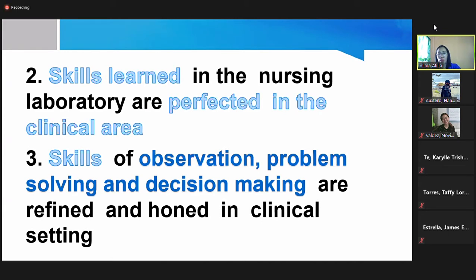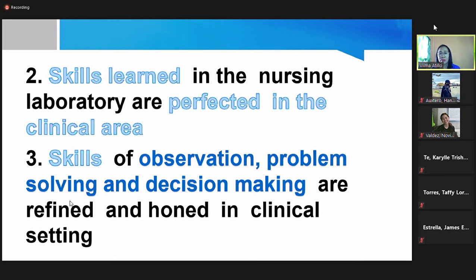Because you will be in the ward, you will encounter fluids that you will identify also if it is isotonic or hypertonic. So hindi lang siya hanggang classroom setting lang. So the theory that you have learned in the classroom, in your laboratories, will be applied already in the clinical settings.